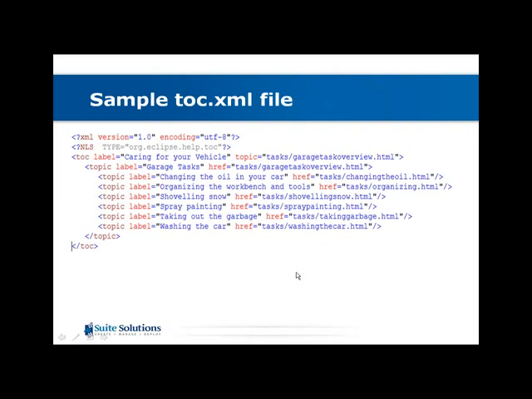So this is a sample table of contents file. The Ditto OT out of the box names the table of contents file after your ditamap. So if your ditamap is called, in this case, hierarchy.ditamap, your table of contents would actually be called hierarchy.xml. I'd like to change it to be talk.xml for the simple reason that it makes translation easier.